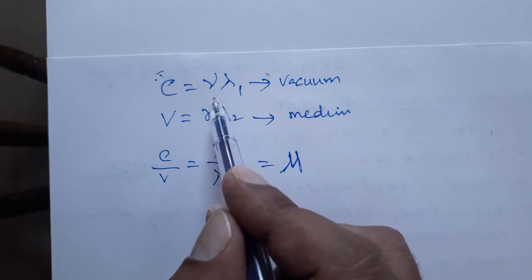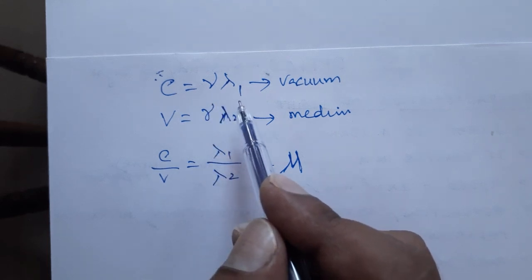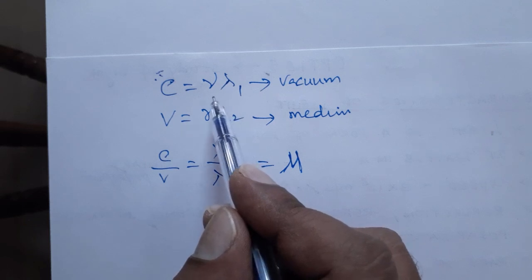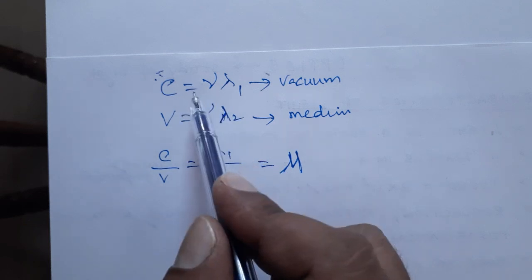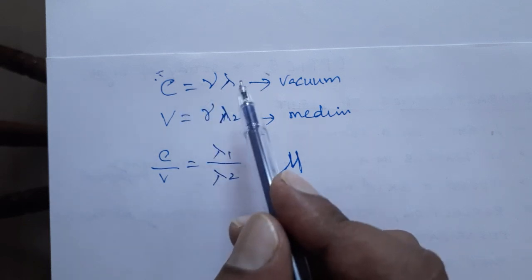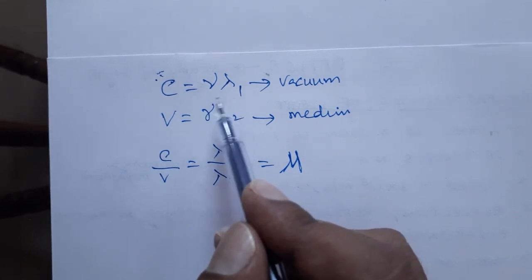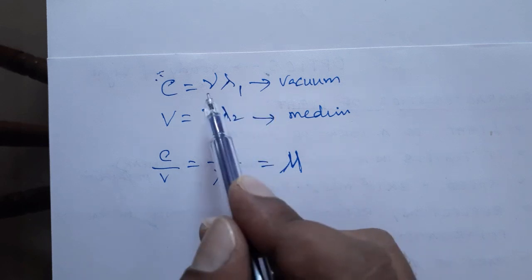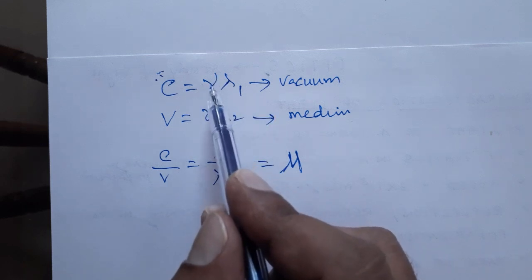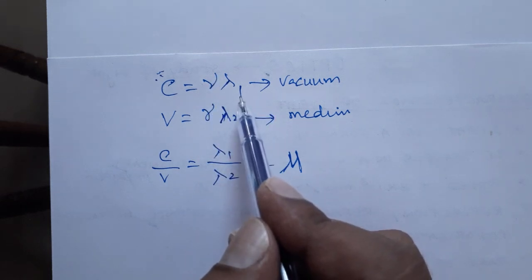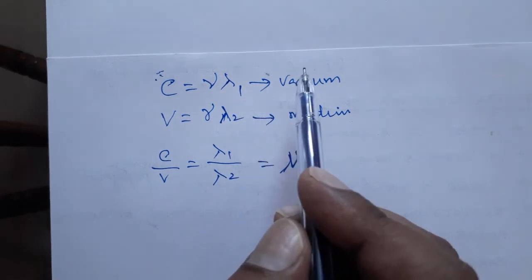That is one very important question as far as board or competitive examinations are concerned. Whenever a light ray enters from one medium to another, whether rarer to denser or denser to rarer, irrespective of the nature of the medium, its frequency remains unchanged, but wavelength changes accordingly, and velocity also changes.